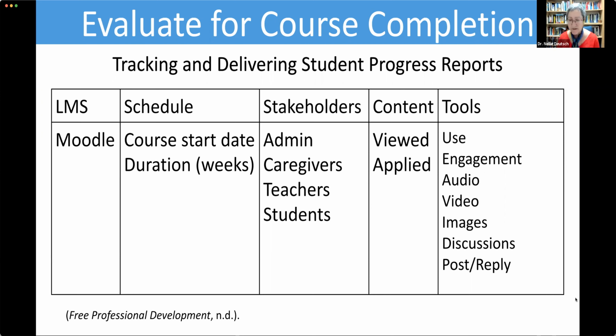It's not just use of the tools, but the engagement, how much time they spent on a certain activity, or how long they read. Moodle really does track. It's not science fiction. It does work. Also, you can track the audio, the video, the images, discussions, the posts, and so on.